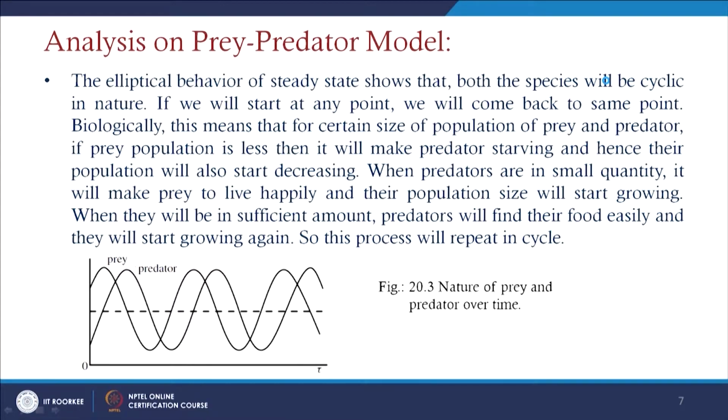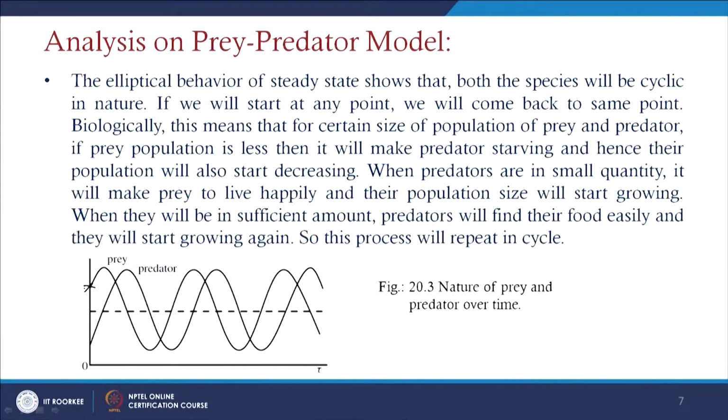If you visualize it in a graphical sense here, if a certain amount of prey and a certain amount of predator are present, initially with less predator, the prey will just grow. Since there is less prey, the predators can eat less, so that is why the prey population can grow. Finally, the prey population is maximized, and then the predator population grows.